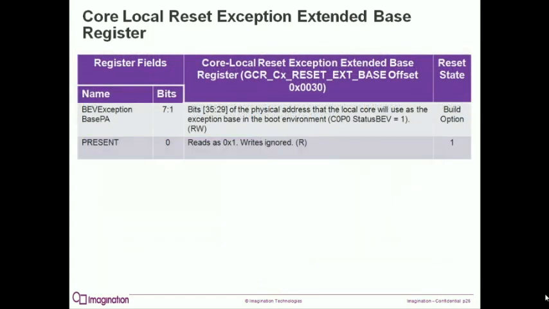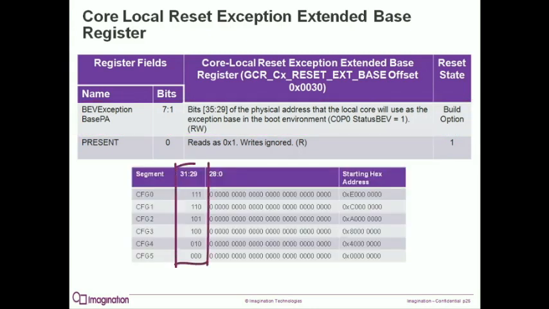The physical base address is set using the BEV exception base PA. The boot exception vector base physical address is a 7-bit field, but the current cores only use the first 3 bits. The remaining lower bits, 28 through 0, of the address come from the core local reset base register.